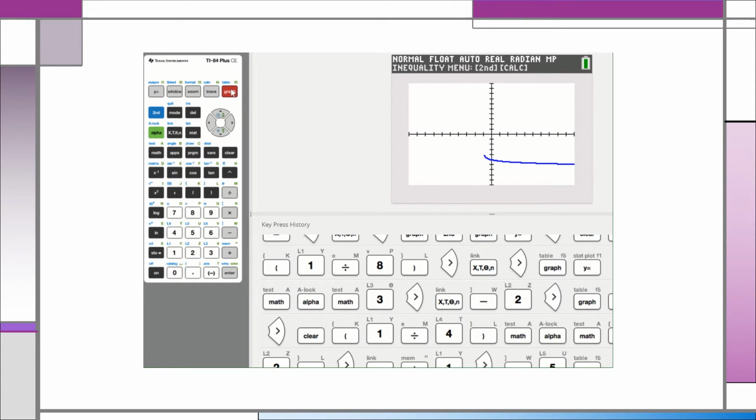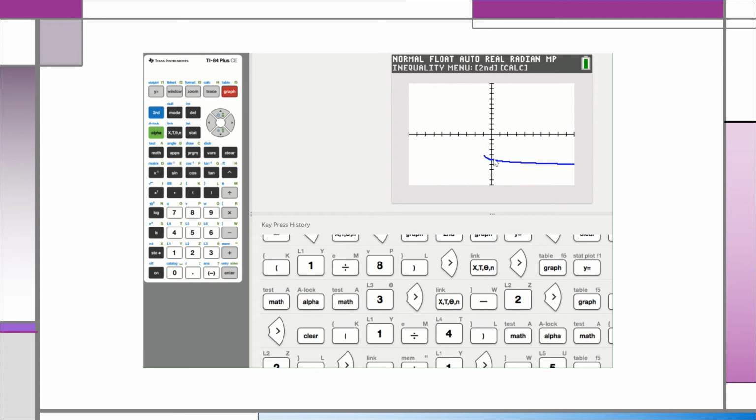All right. Now, the 1/4 has reflected it across the x-axis. Now we have flipped over the x-axis. The plus 1 has shifted us 1 unit to the left. So now I've got an asymptote at -1.